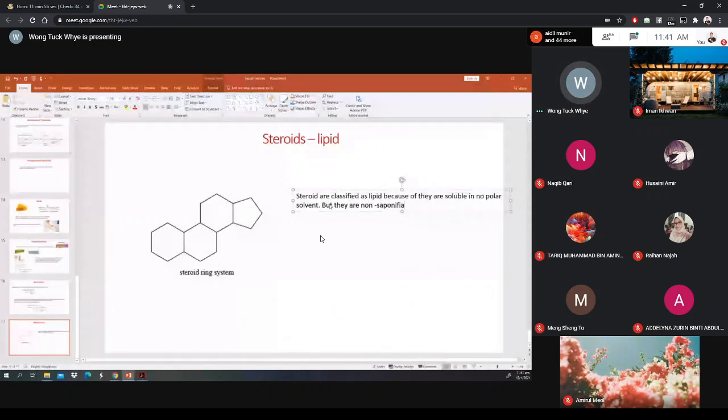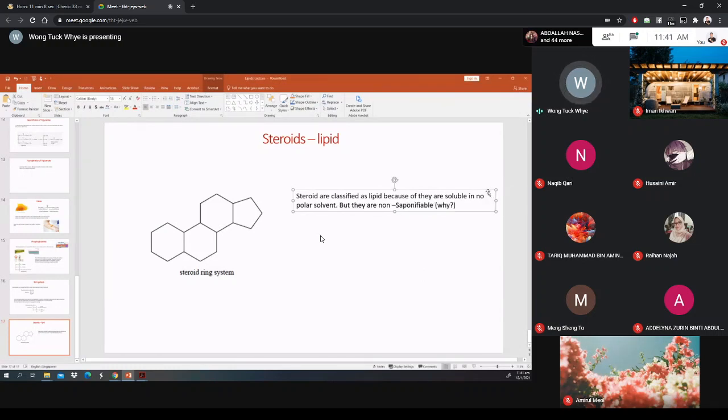They are also not saponifiable because, as I mentioned, we have a saponification issue here. Steroid cannot be saponified. Why is it not a saponifiable molecule? We have no ester. Ester is very important for saponification. So yeah, these are the key things that you need to know.